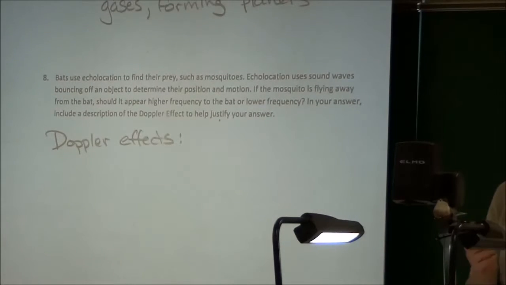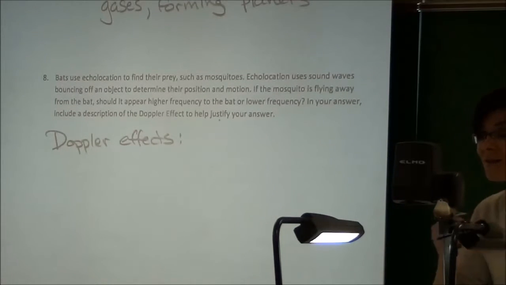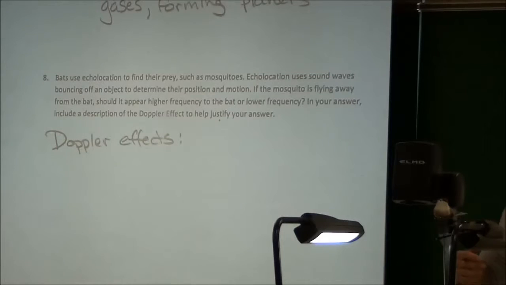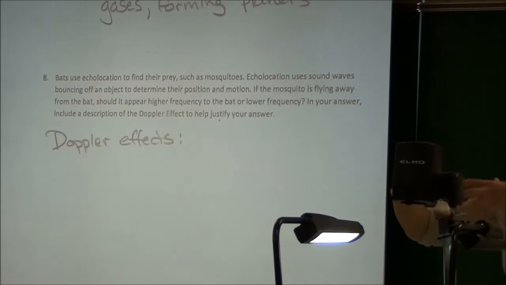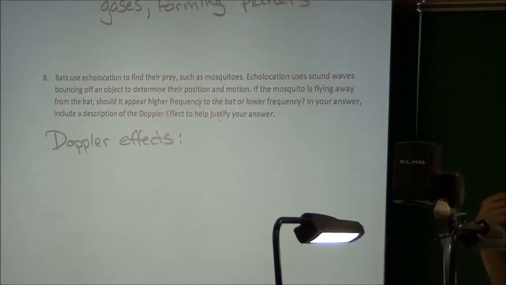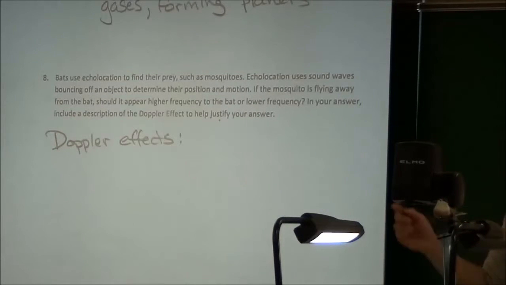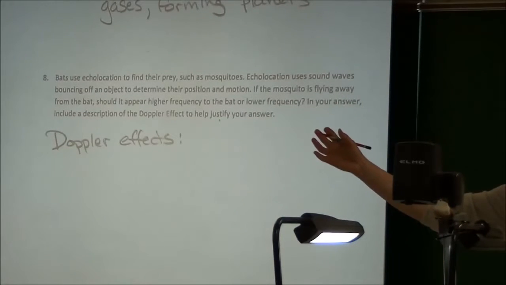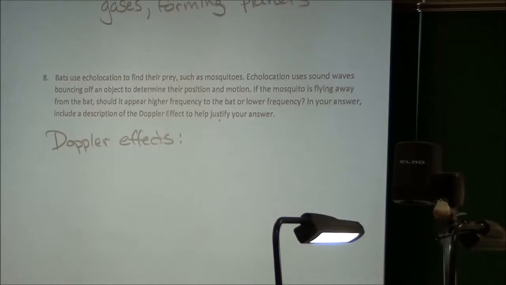Closer is getting mixed up with another idea, and I saw this on a whole heck of a lot of tests. It's not closer or further. It's moving towards or moving away. It's your direction. Doppler effect only comes into play when an object's moving. If an object's standing still, Doppler effect does not apply to that object, unless you are moving. There has to be some relative motion between the two objects in order for Doppler effect to apply. If both of them are standing still, no Doppler effect, okay?